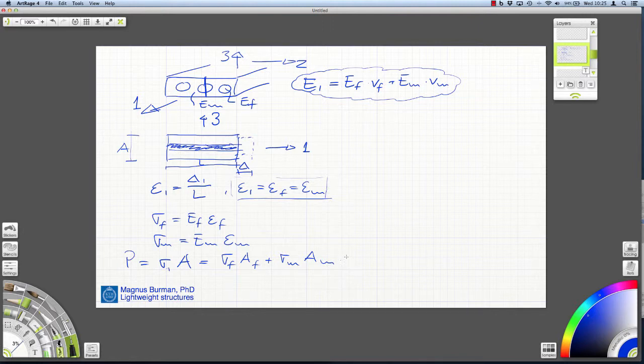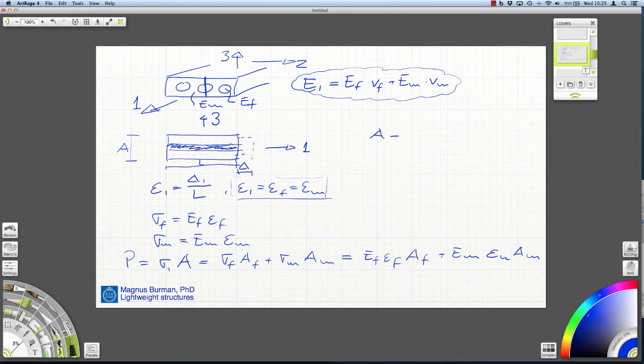Okay, but what we now know is that we can put this in here, so we have EF epsilon F times the area of the fiber plus EM epsilon M times the area of the matrix.